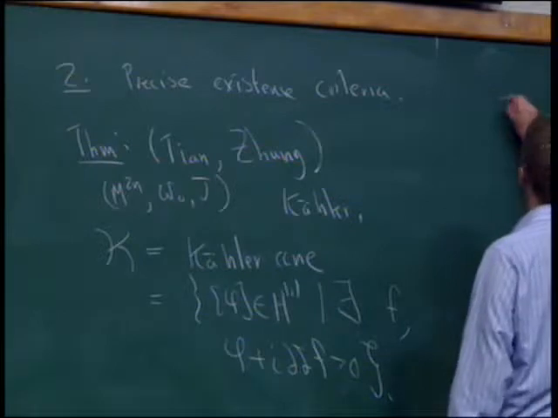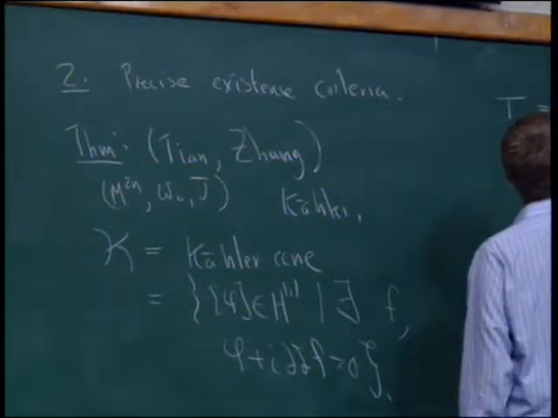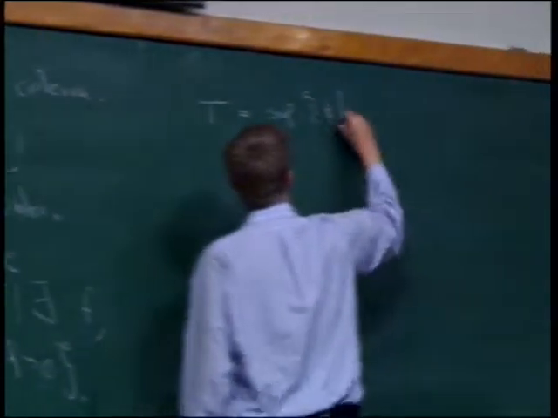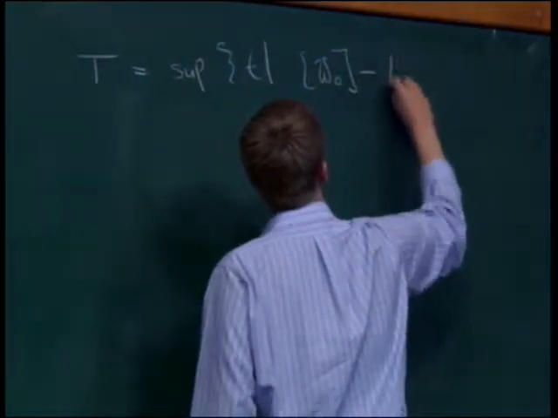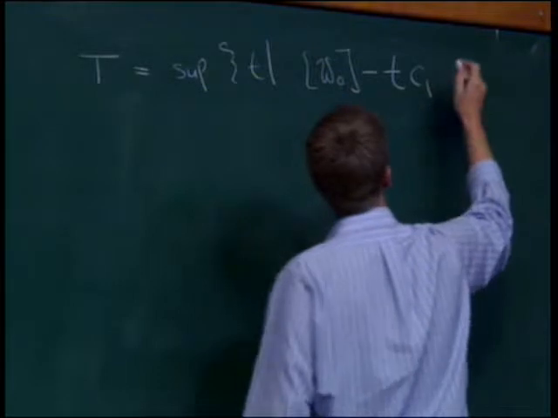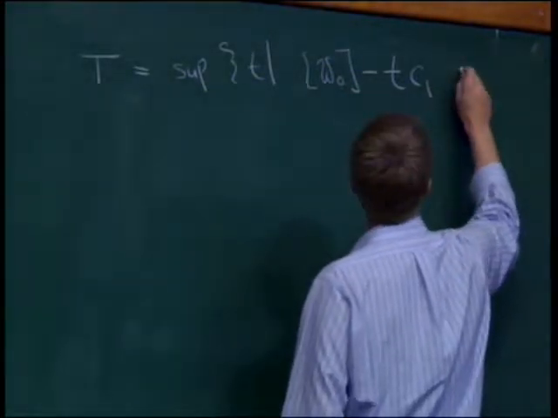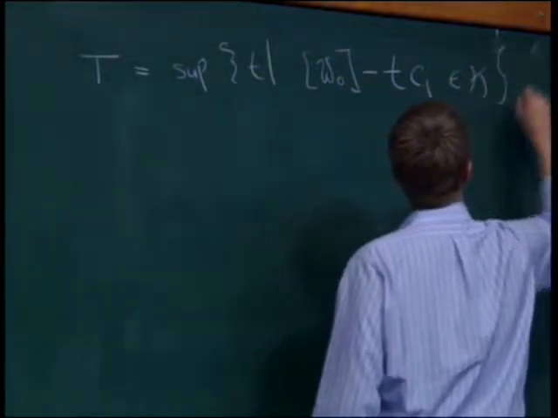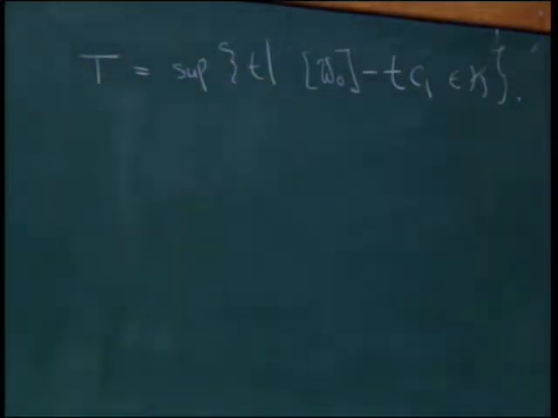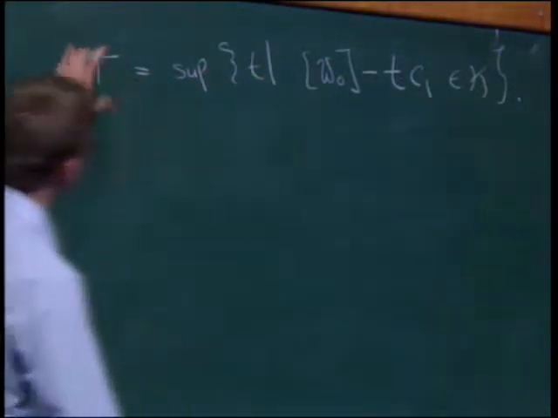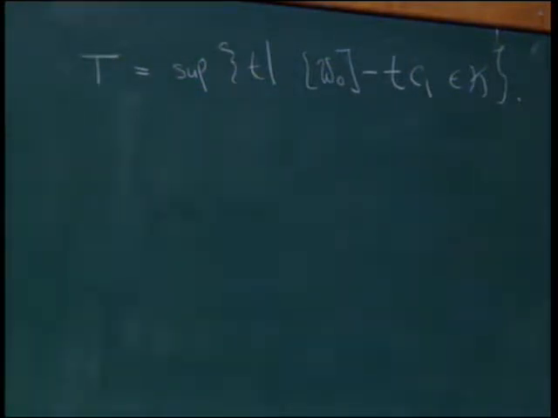And then we let T be the supremum of the set of t such that the initial Kähler class minus t times c1, first Chern class, is in K. So what you observe is that this capital T immediately, obviously, is the maximal time the flow could possibly exist.